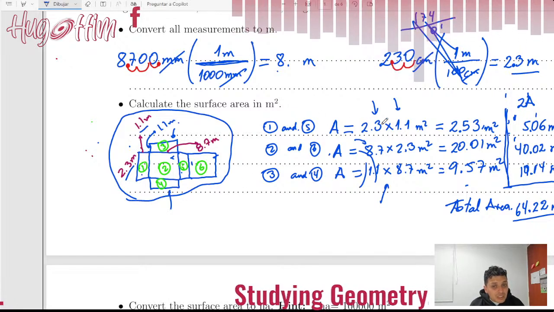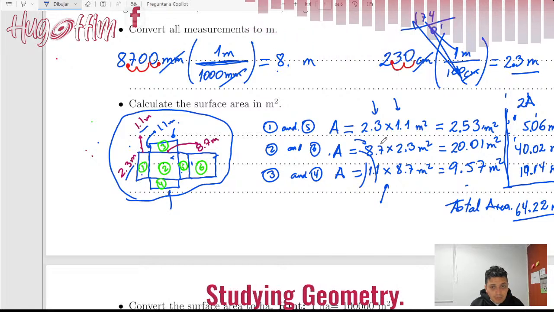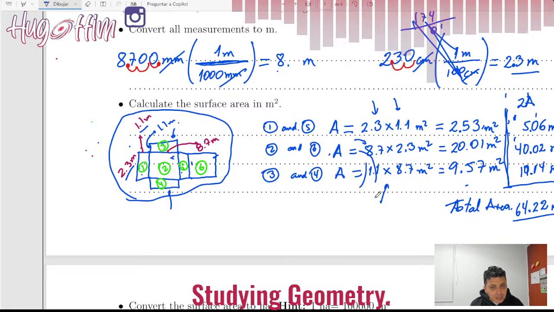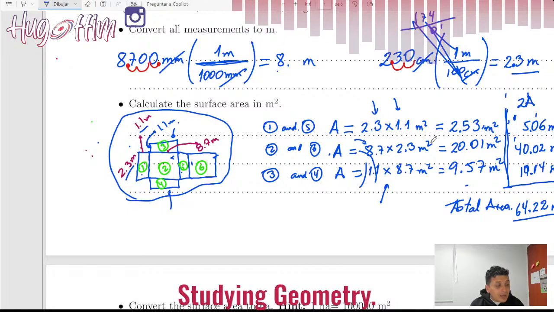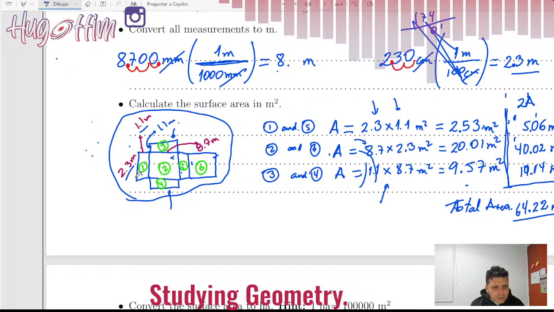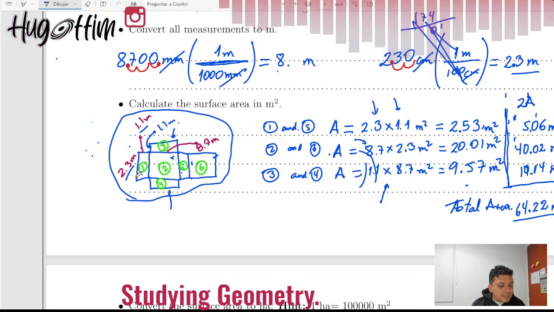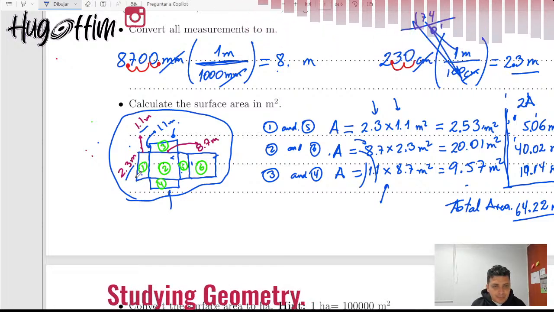What we're doing is just using the dimensions in pairs, getting the area of these two dimensions, times 2, because we have two congruent rectangles, and then adding them. This is how you get the surface area in square meters.